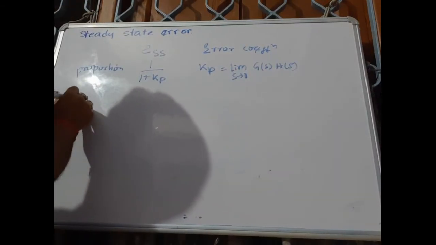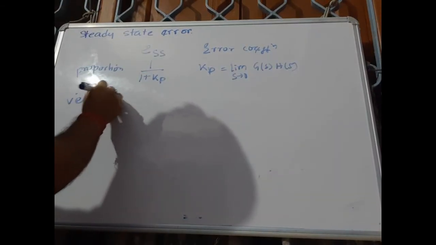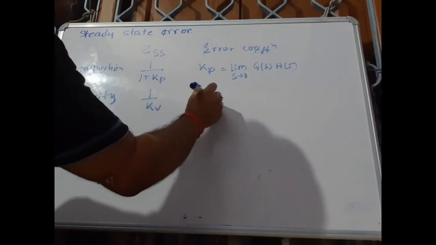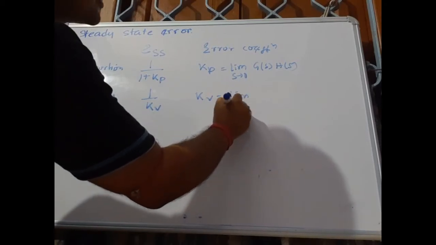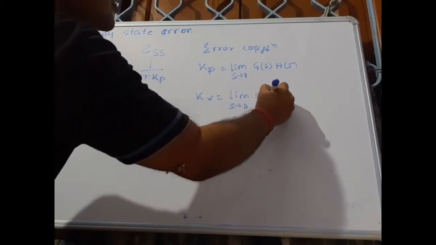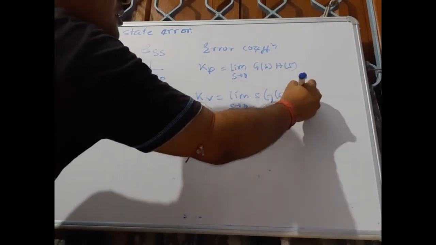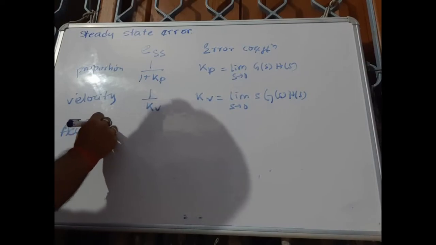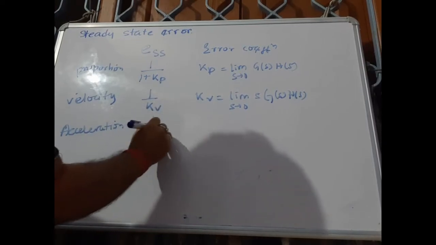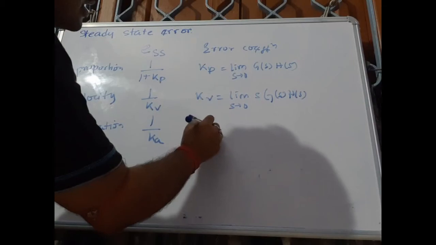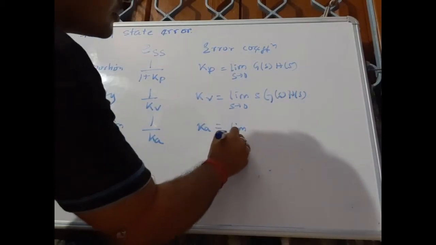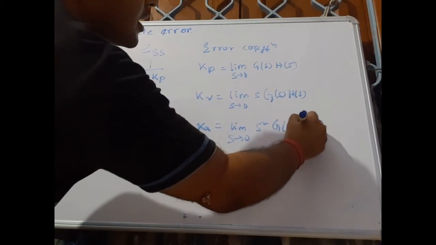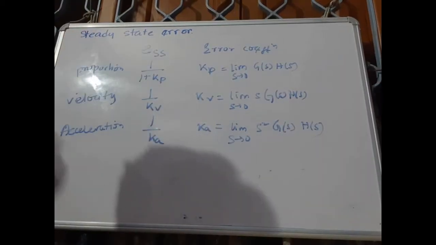Now for velocity this will be 1 by Kv, where Kv is equal to limit of s tends to 0 s into G(s)H(s), and for acceleration we have 1 by Ka, and Ka is equal to limit of s tends to 0 s square G(s)H(s). So these formulas are very important.